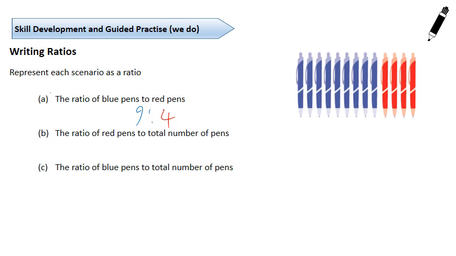Now next, the ratio of red pens to the total number of pens. Our red pens is 4 and our total number of pens is 13. And lastly, we have the number of blue pens to the total number of pens. The number of blue pens is 9 and our total number of pens is 13.